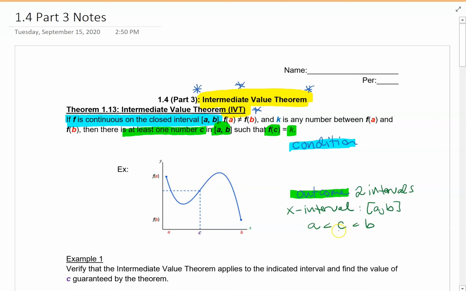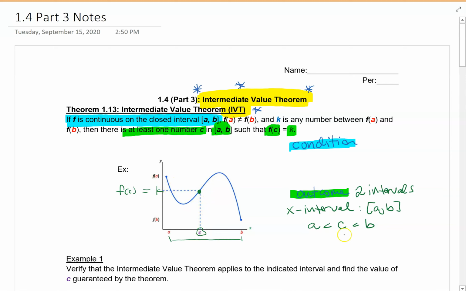Here's our interval a to b on the x-axis. For some input c between a and b, if you trace that up to the graph, it will give you a y value that's also between f of a and f of b. We're calling that f of c because it's on the graph of f at the x value of c.